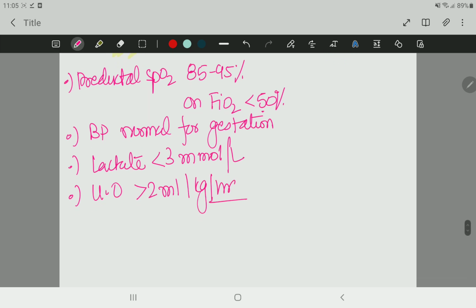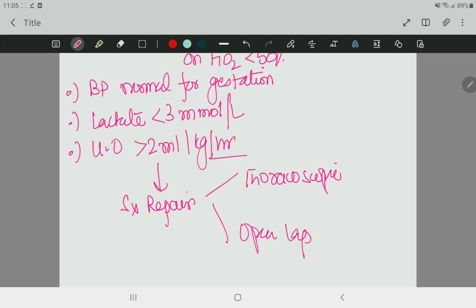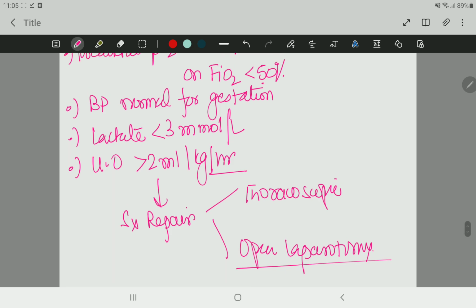If it happens, then one can proceed with surgical repair, which can be either a thoracoscopic repair or an open laparotomy repair, depending upon institutional choices.